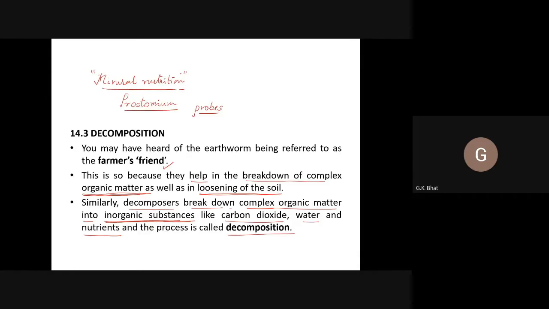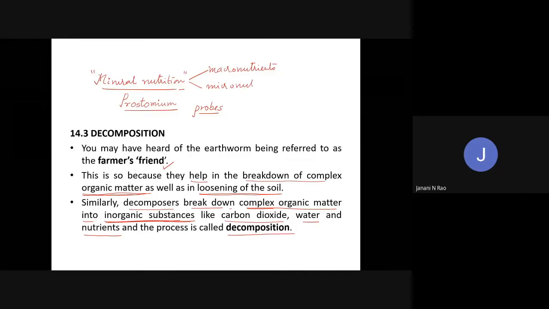Okay? In mineral nutrition, you come across two types of nutrients, called macronutrients and micronutrients. Forget about mineral nutrition. Have you not heard about macronutrients and micronutrients in chemistry? Janani?